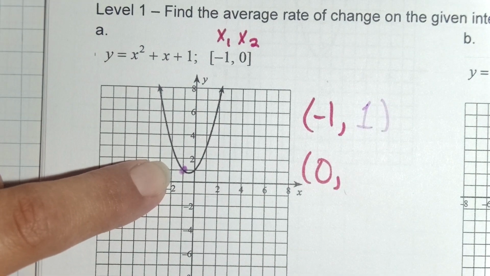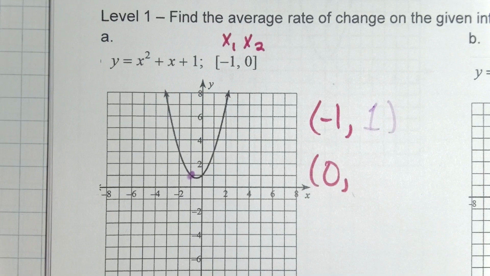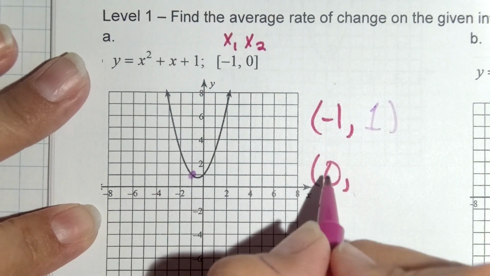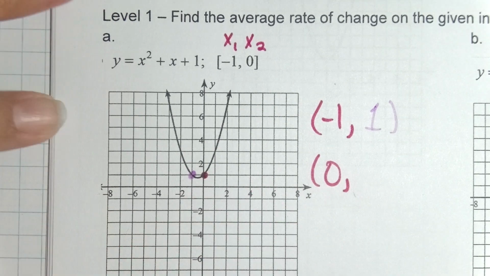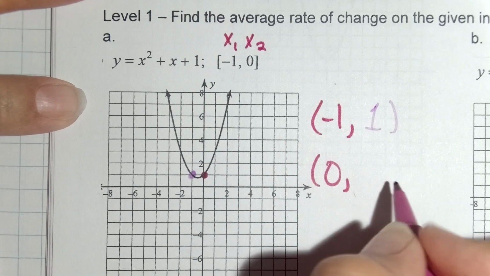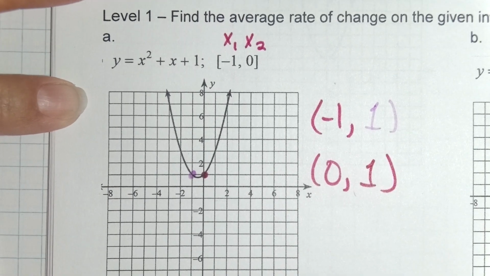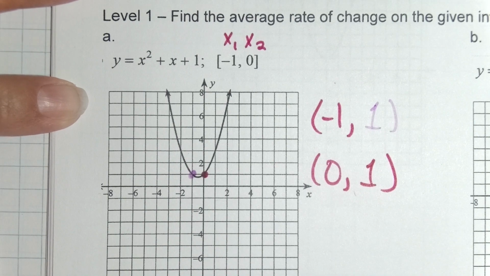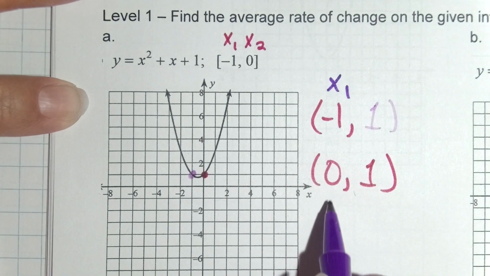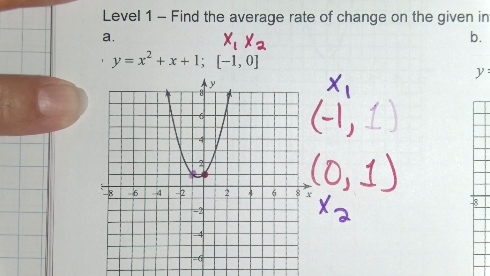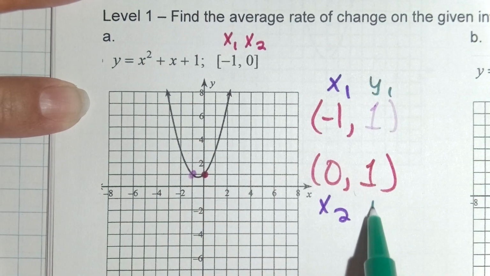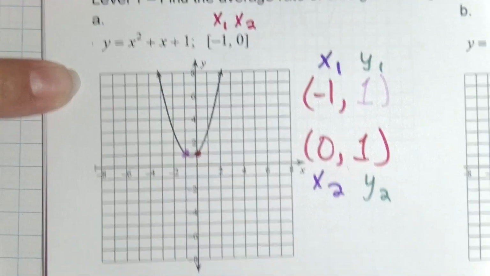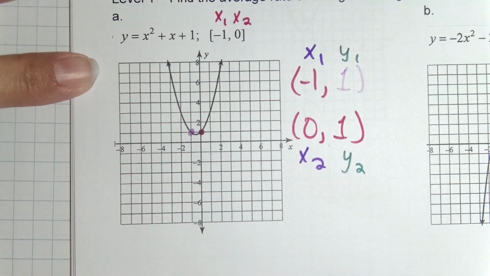Are we sure? Okay. Now we need to go to 0. 0 is here. Then we go up to where it meets the graph. Where does it meet the graph? Also 1. Questions? So this is x1, x2, which means that this is what? y1 and y2. Very good. Questions? We sure?